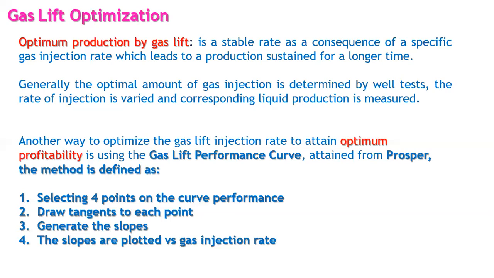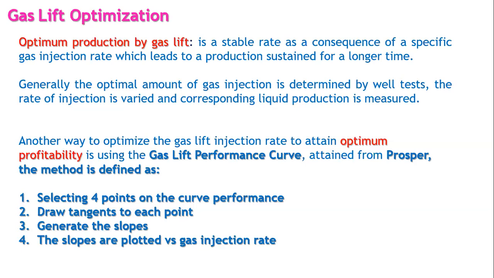Generally, the best way to define the optimum amount of gas injection is by well test. You start with a low rate, and I'm talking about injection gas, and then you get the production. You continue increasing the gas until the production is stable, and you measure the volume, four or five times.